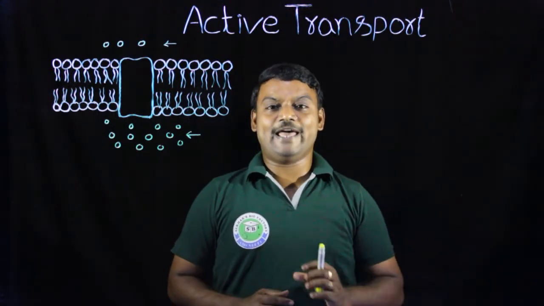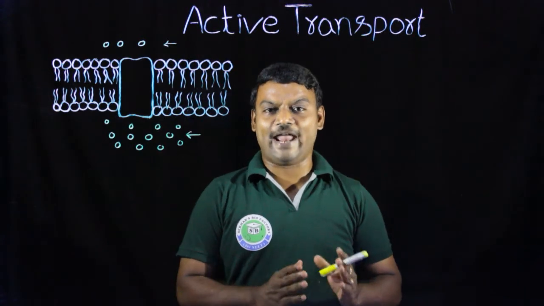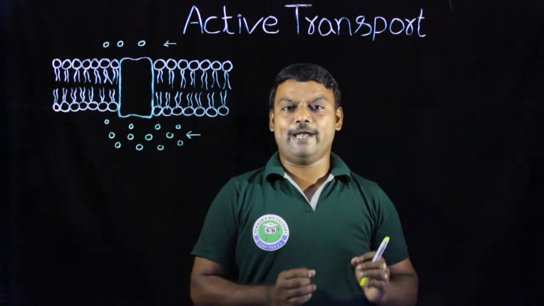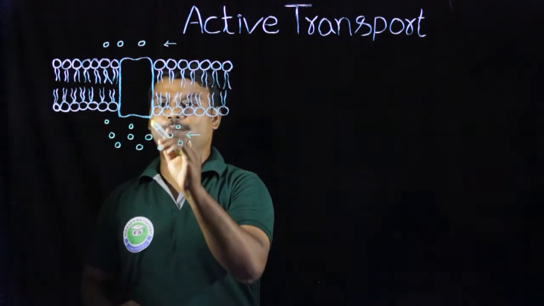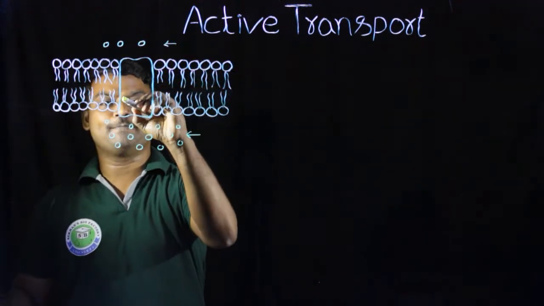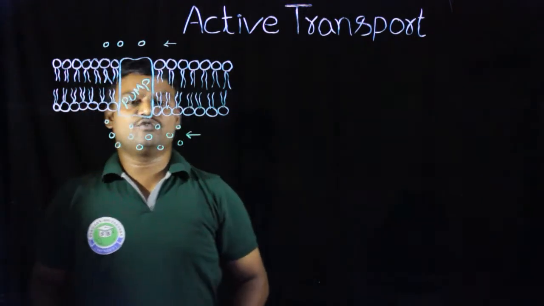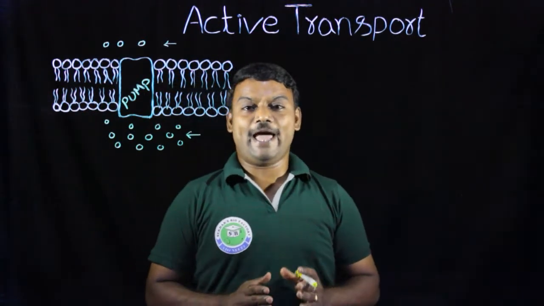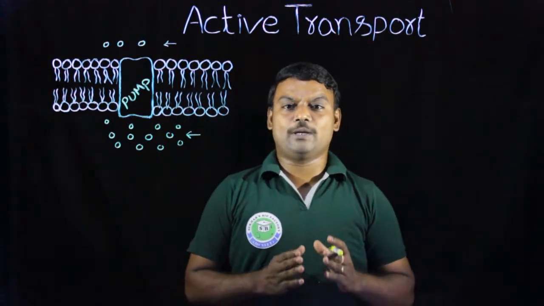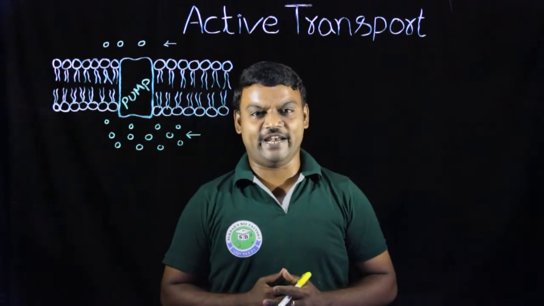This entire transportation process is carried out by special membrane proteins present in the plasma membrane. These are called pump proteins. These pump proteins play an important role in transporting the molecules against the concentration gradient.